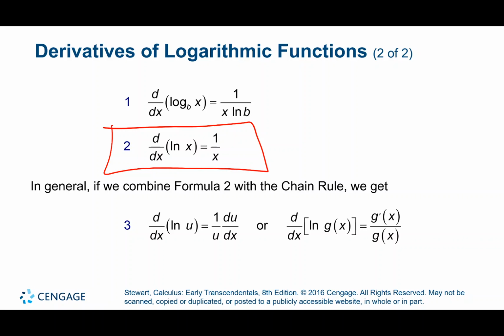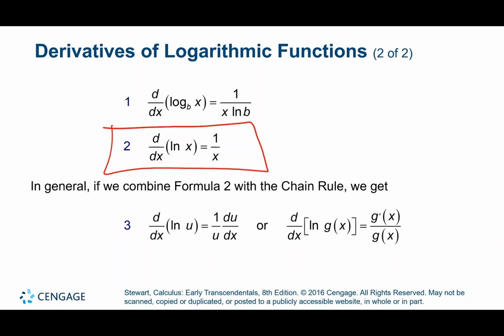So if we have the derivative of the natural log of x, that's going to be 1 over x. That's a really important one, and it'll come up in the things we do down the road. Well, if we think about the chain rule, what if we have something inside of our logarithm other than just x?